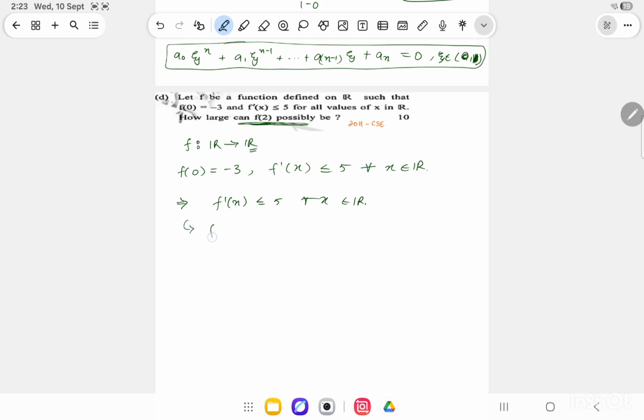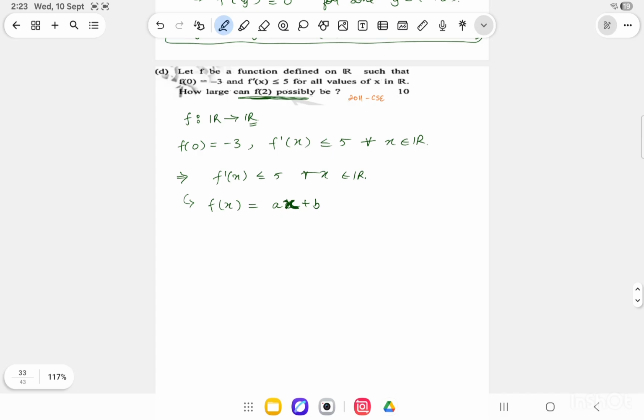So from here we can say that my function f(x), let us assume that it is ax plus b, that is let it be a linear polynomial. There can be other functions f(x) as well that satisfy this given condition, but for the question we can let that function f(x) be a linear polynomial, because if we take the derivative of it we'll be getting f dash x less than or equal to 5, and integrating gives 5x plus c, a linear polynomial in x.